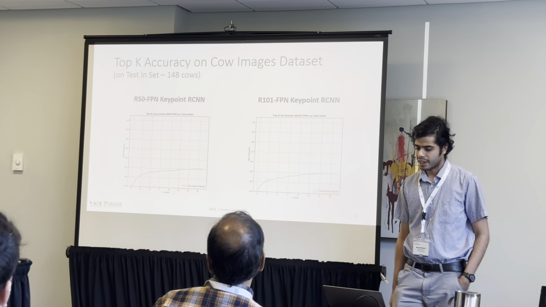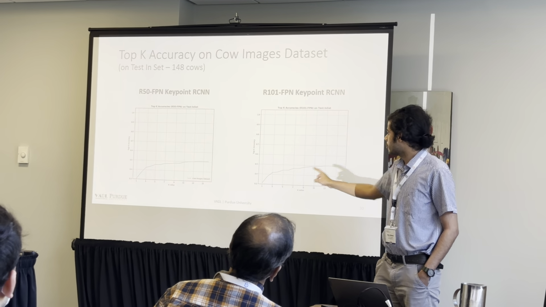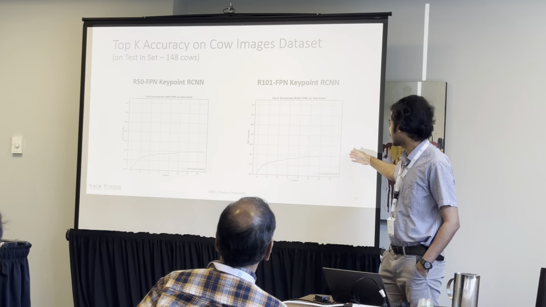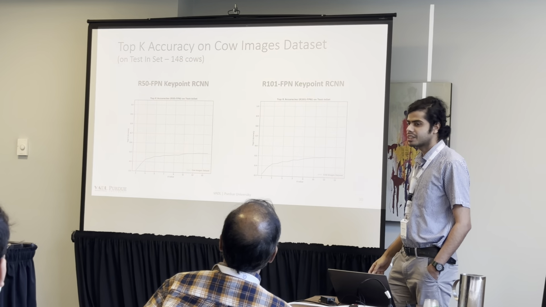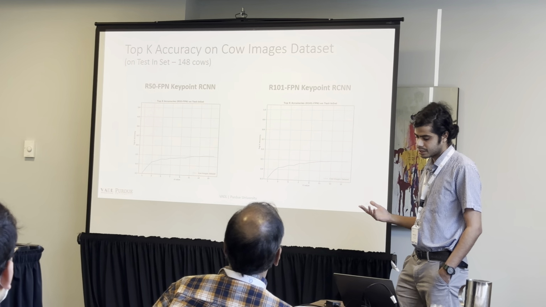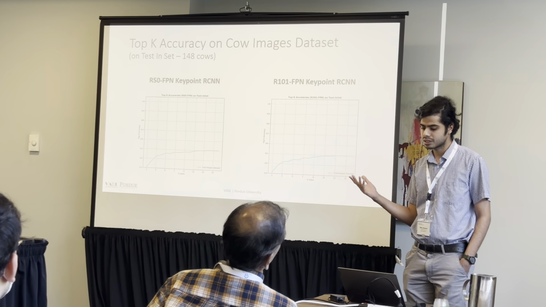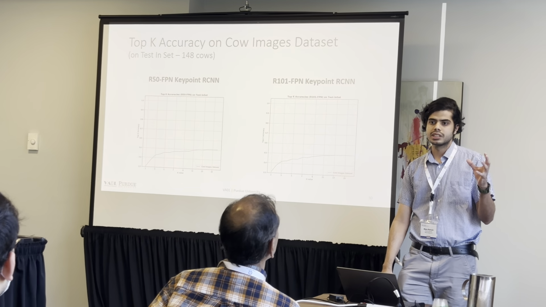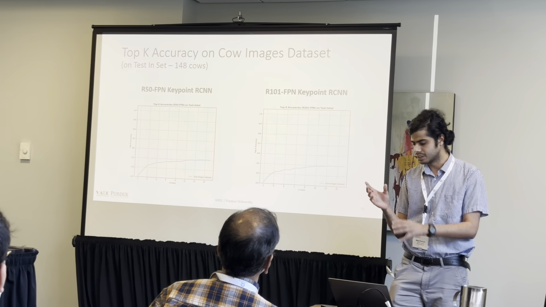And here are the top K accuracy results on our cow images dataset. You see that the top 1 accuracy is 30%, and the top 16 accuracy never goes much beyond 50%, and this is not good. So we thought of what could be the reason for this. What's the bottleneck? Is it the prediction stage or is it the localization stage? We thought of using the ground truth annotations, the key points for localization, and testing just the prediction stage.